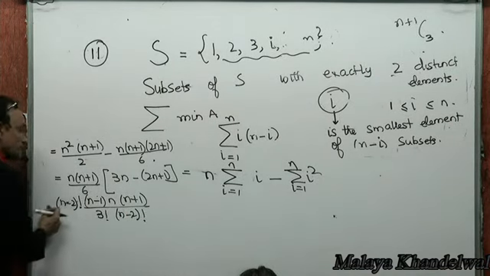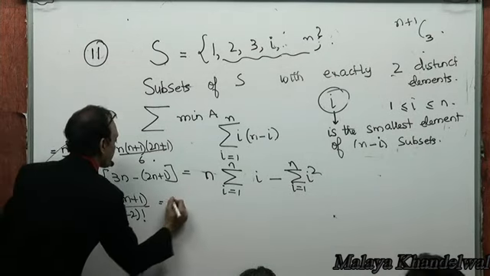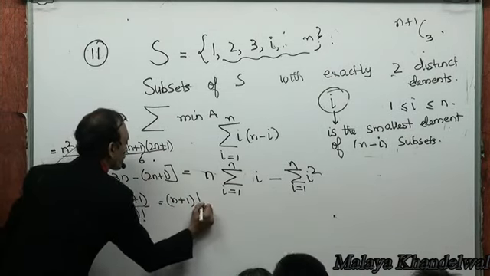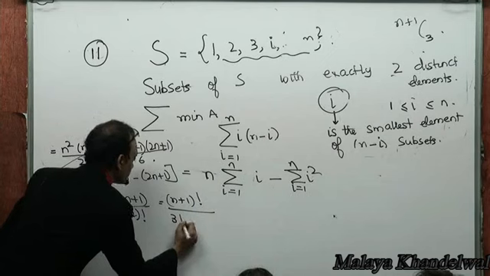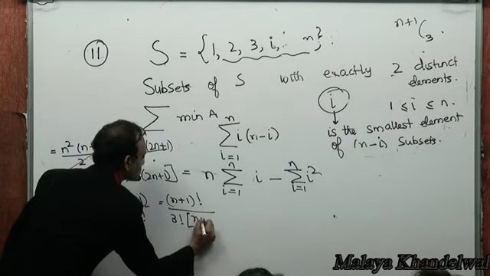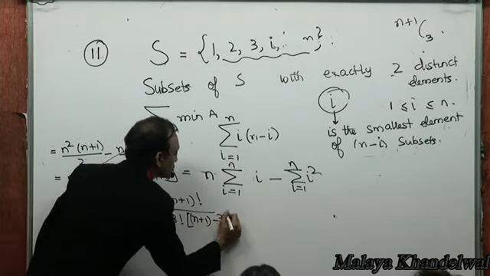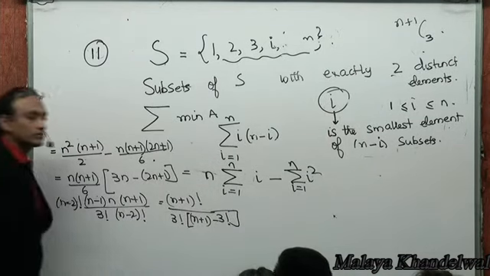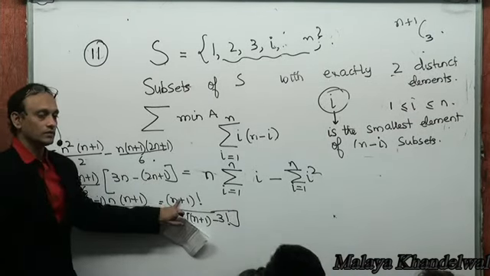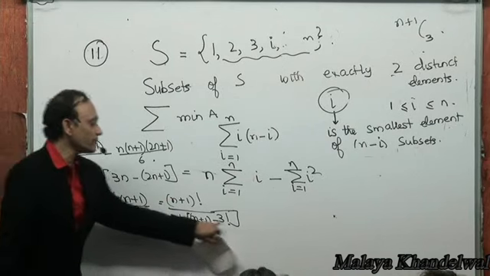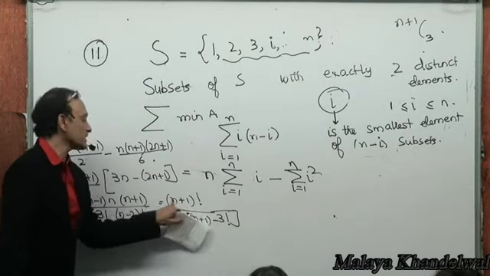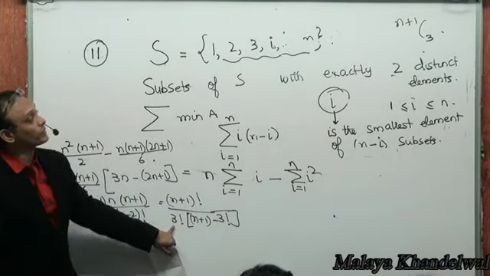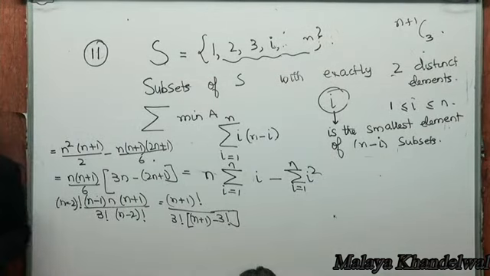So this becomes n plus 1 factorial by 3 factorial into n plus 1 minus 3 factorial. k factorial by r factorial into k minus r factorial is k C r. That is n plus 1 C 3 is what this reduces to.